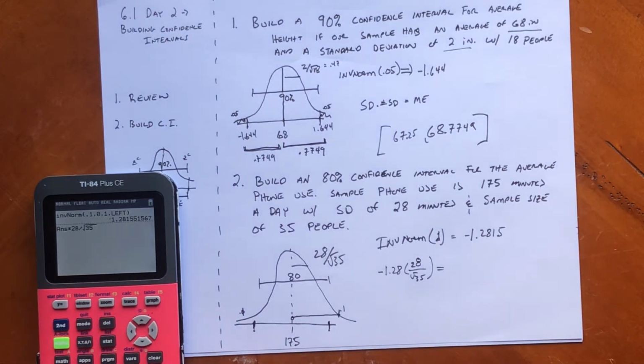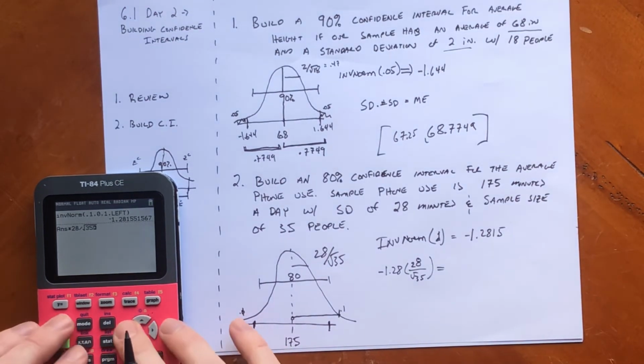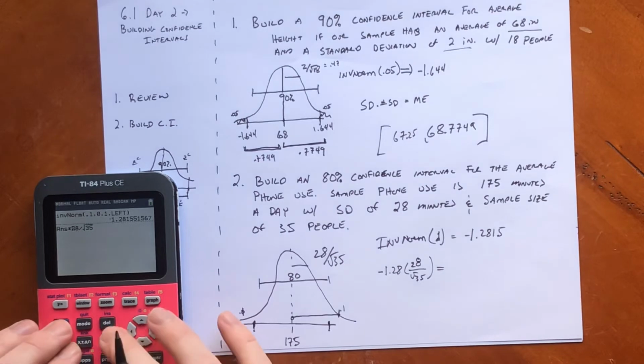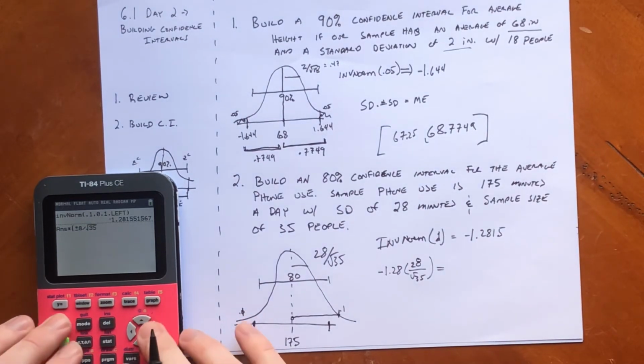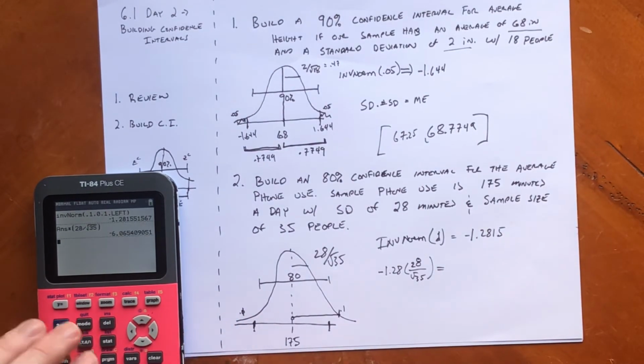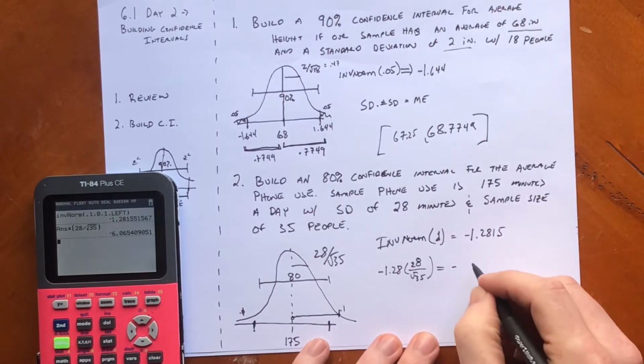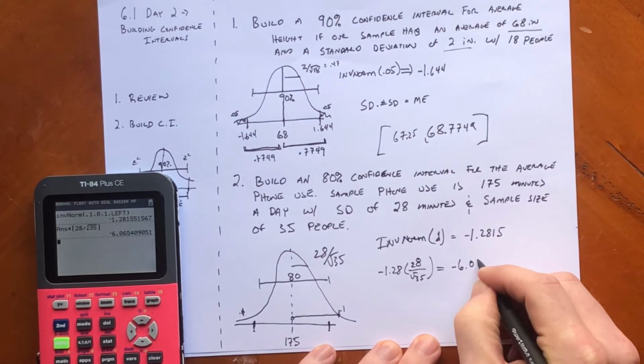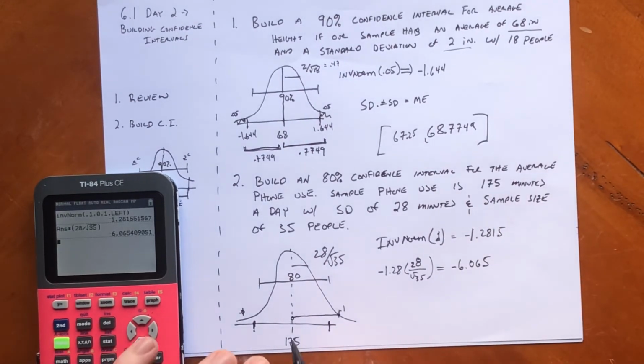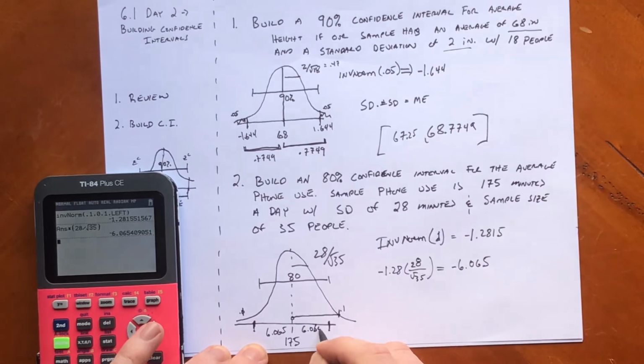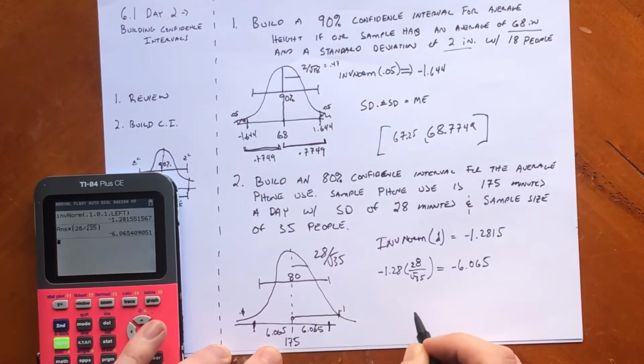Make sure you put that in parentheses. That gives me negative 6.065. So basically now that's your margin of error, 6.065. So you just take this, add the margin of error, and subtract the margin of error from it.